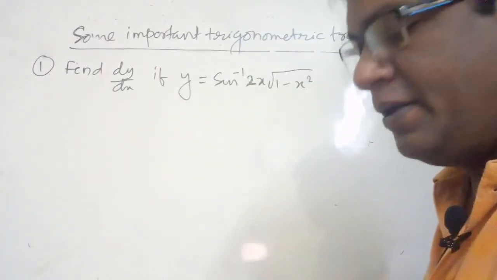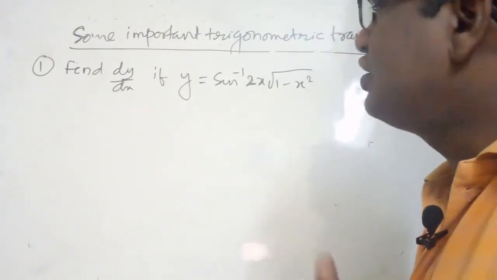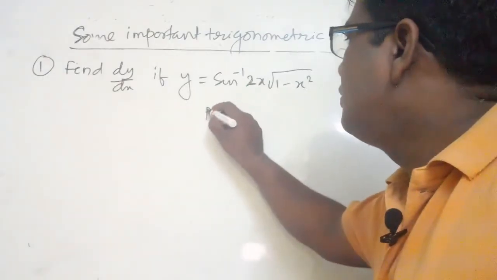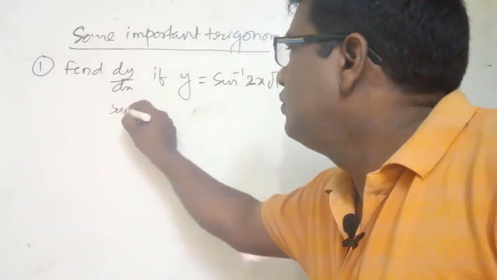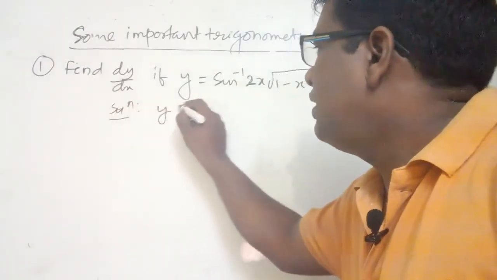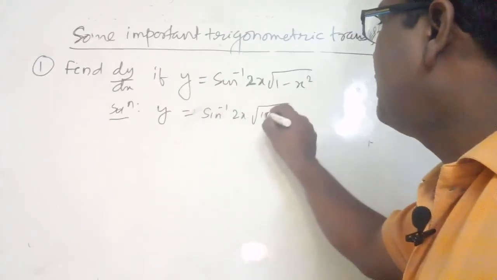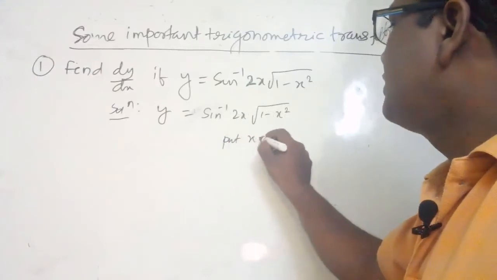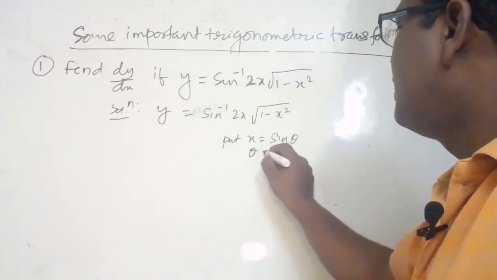If you know all the trigonometric functions, then you can apply the substitution. Here that's the solution: y is equal to sin inverse of 2x into root over 1 minus x square. Put x is equal to sin theta.